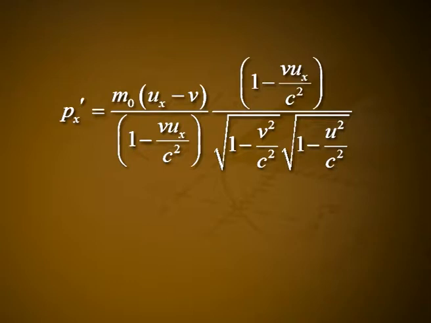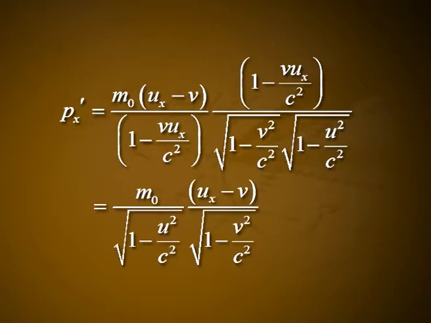Substituting in the equation px' is equal to m₀ux' divided by the square root of 1 − u'²/c², we get px' is equal to m₀ into (ux − v)/(1 − vux/c²) into (1 − vux/c²) all divided by the square root of 1 − v²/c² into the square root of 1 − u²/c², which is equal to m₀/√(1 − u²/c²) into (ux − v) all divided by √(1 − v²/c²), which is equal to γ(mux − mv), which is equal to γ(px − vE/c²).